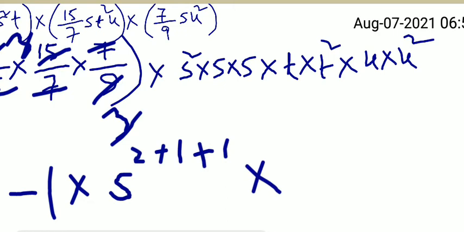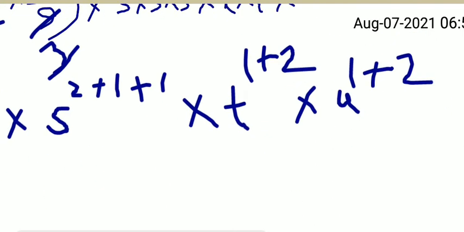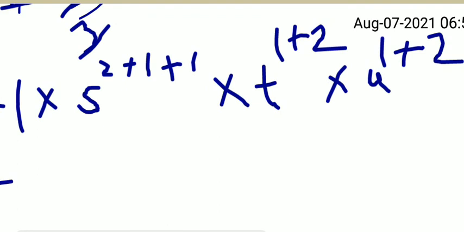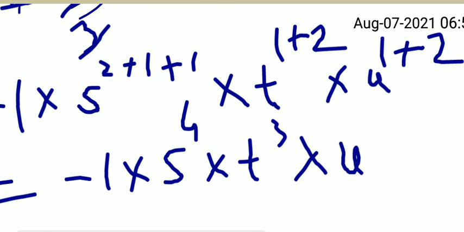t into t square means you write t to the power 1 plus 2, u into u square means you write u to the power 1 plus 2, by the exponential formula. So write minus 1 into s to the power 2 plus 1 plus 1, that is s to the power 4, into t to the power 3 into u to the power 3.